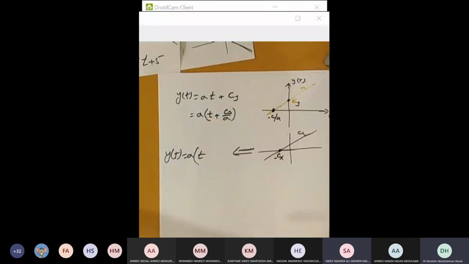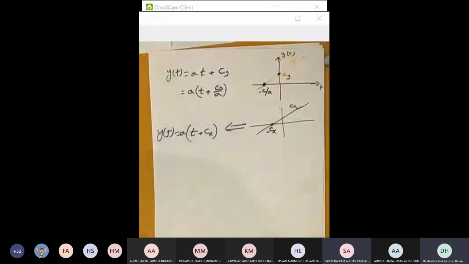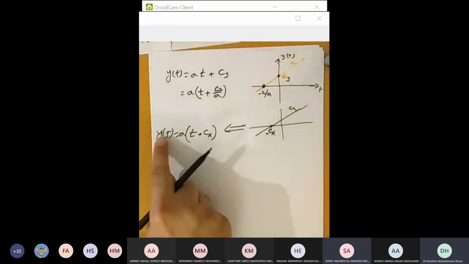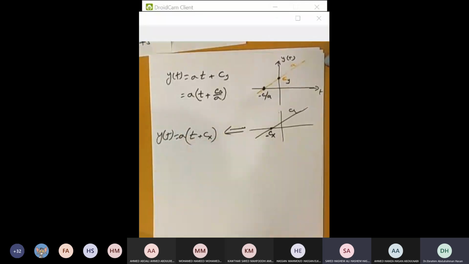So then it will be plus cx. Okay, so this is also a shortcut method. If we know what the x-intercept is, then directly I can write the equation by a t plus cx.